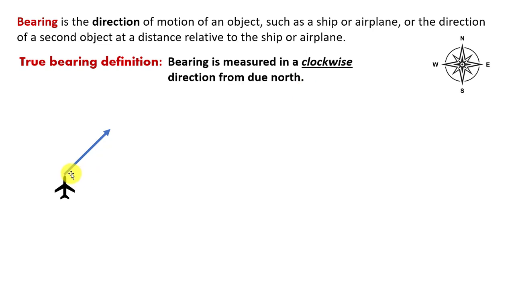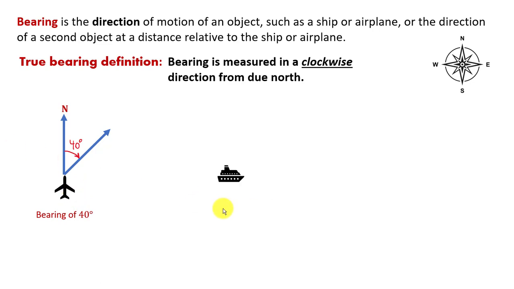That means that first we have to place a vector that goes in the north direction, in other words, straight up. So from the north vector, we go clockwise to the direction of motion of the airplane. Let's say we were able to measure that angle, and we found that it's 40 degrees. So we're going to say that this plane flies on a bearing of 40 degrees.